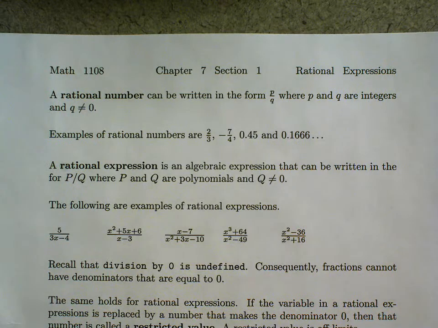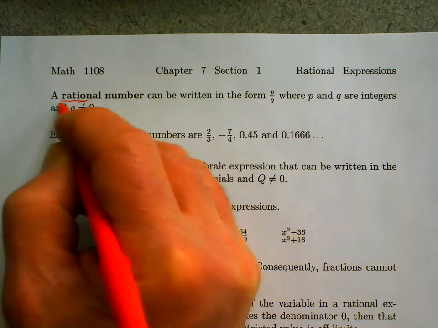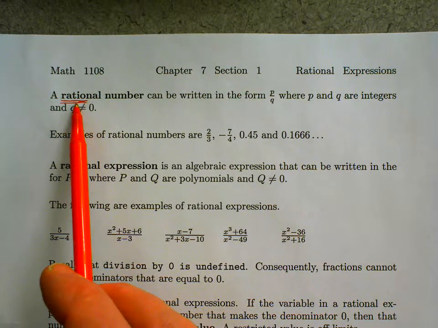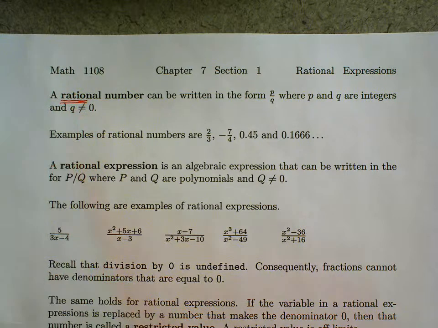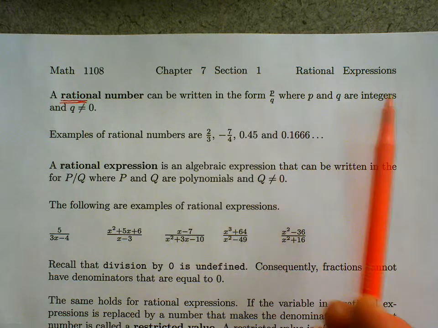So the term rational number itself sort of indicates what we're dealing with. A rational number is the ratio of two integers, but the denominator of a fraction or a rational number cannot be 0.